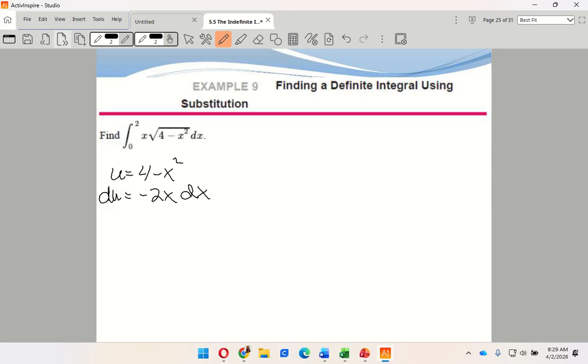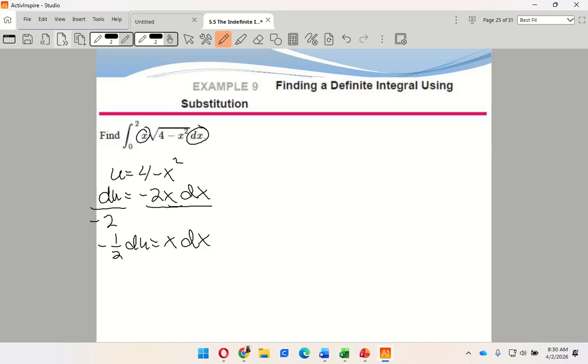I only have an x, right? So that means I only want to take care of my x dx. So that negative 2 has to go to the other side. So I'm going to divide both sides by negative 2. So I get negative 1/2 du is equal to x dx.